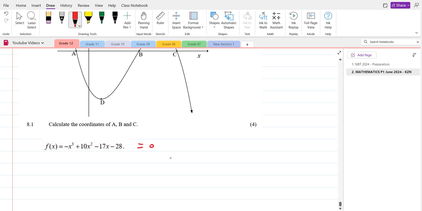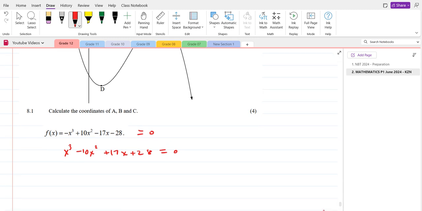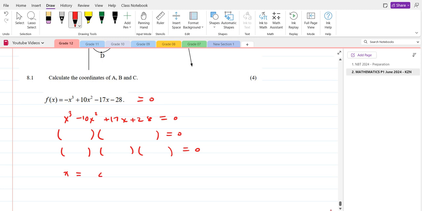So I'm going to write this in standard form: x cubed minus 10x squared plus 17x plus 28 is equal to 0. What we're going to do is open up one small bracket, one big bracket is equal to 0. Then open up three small brackets, because that's what we need, and then you write down x equals, or x equals, or x equals.